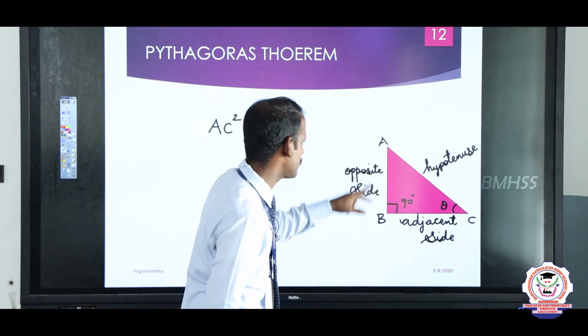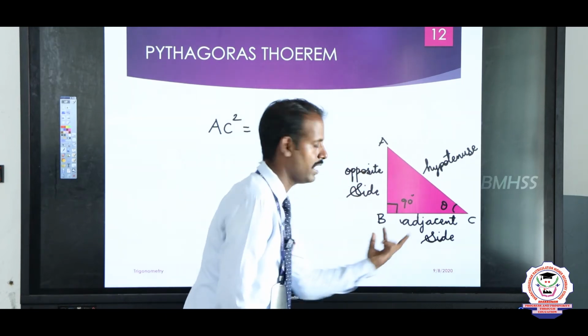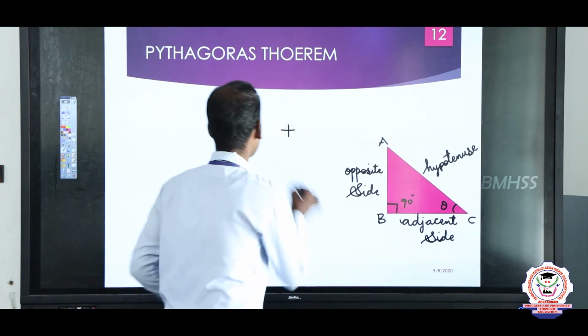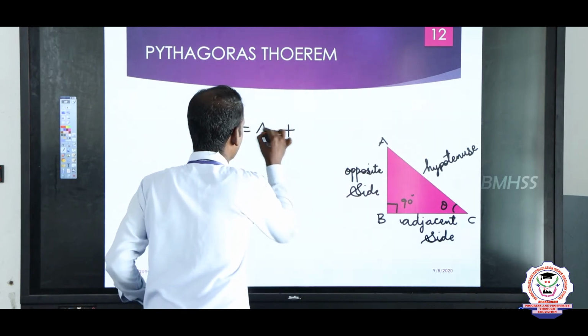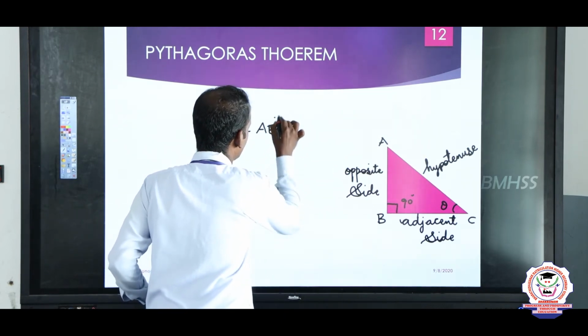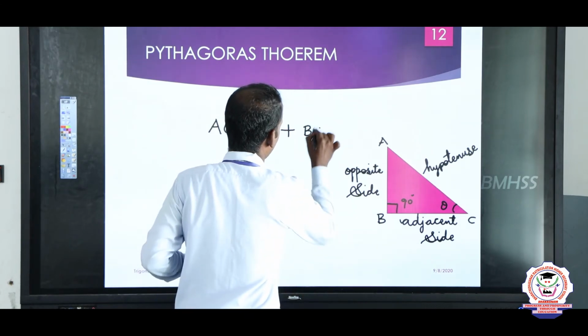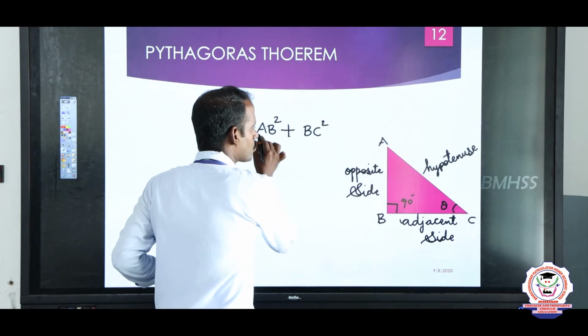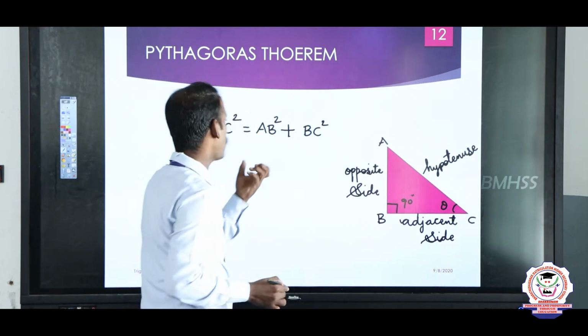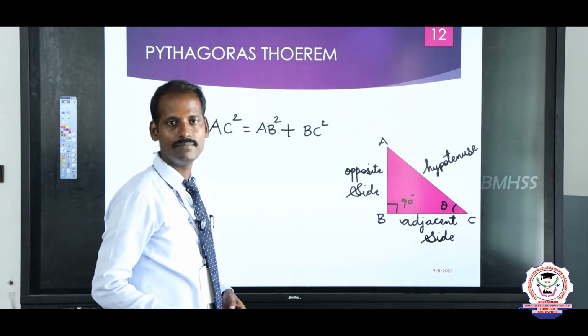The other two sides are AB and BC. So AB square plus BC square. This is called the Pythagoras theorem.